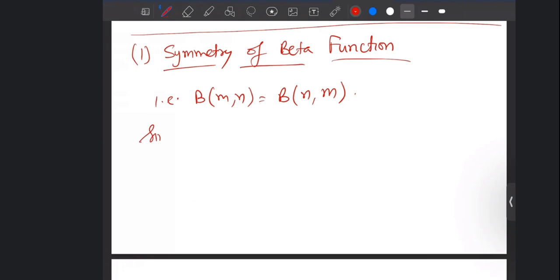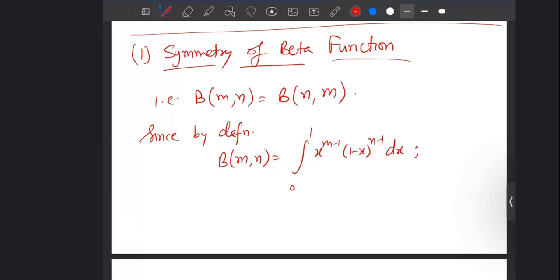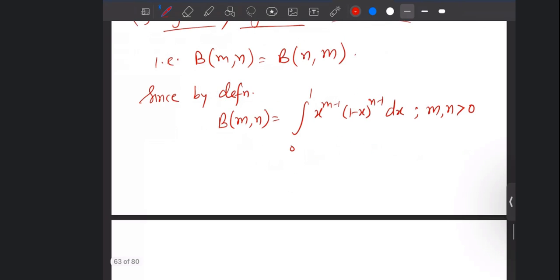Since by definition, beta m, n is equal to the integration from 0 to 1 of x raised to the power m minus 1 into 1 minus x raised to the power n minus 1 dx, for m and n both positive.